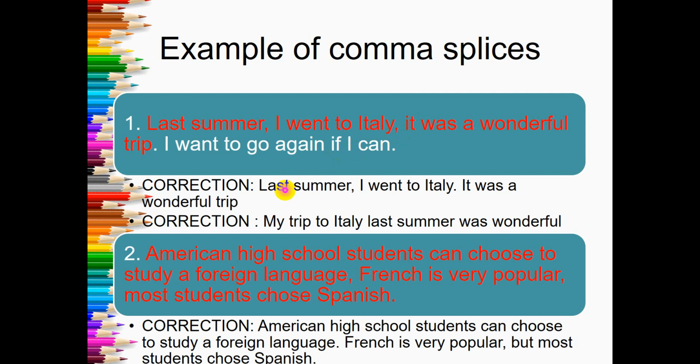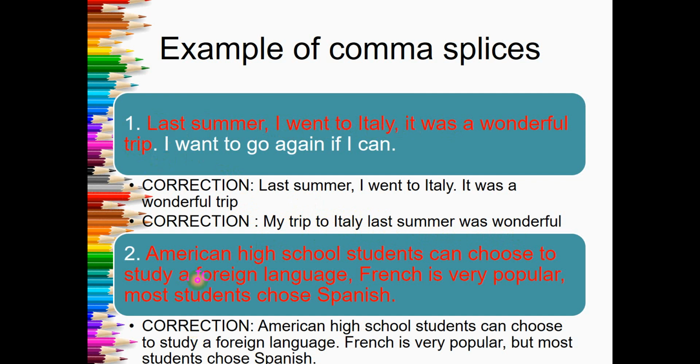Then we have two options for correcting the sentence: "Last summer I went to Italy." Full stop. "It was a wonderful trip." Full stop again. Or we combine it into one sentence: "My trip to Italy last summer was wonderful." So this part is combined into one sentence.